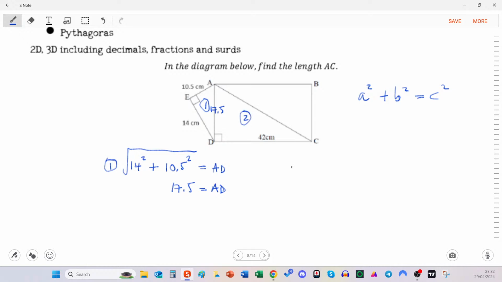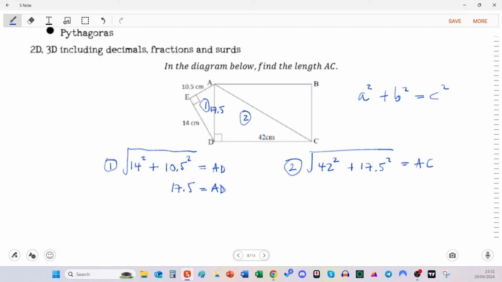So question part number 2 is this second triangle, because we now have 2 bits of information. We've got the 42, which is a small side, and we have the 17.5, which is a small side. And if we square root them after adding them together, we're going to find AC, and that's what we're looking for in the question.